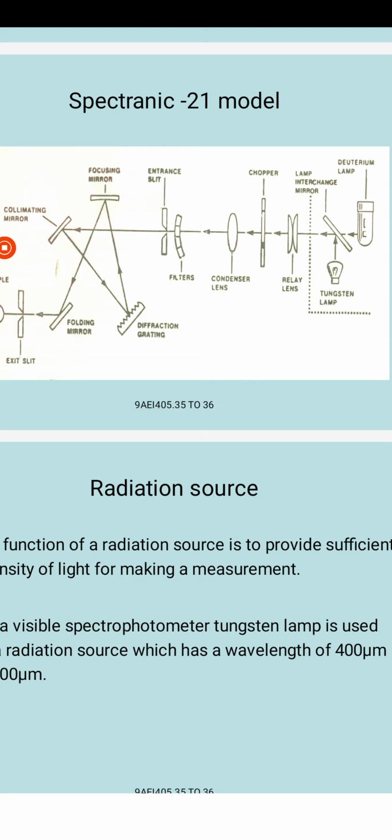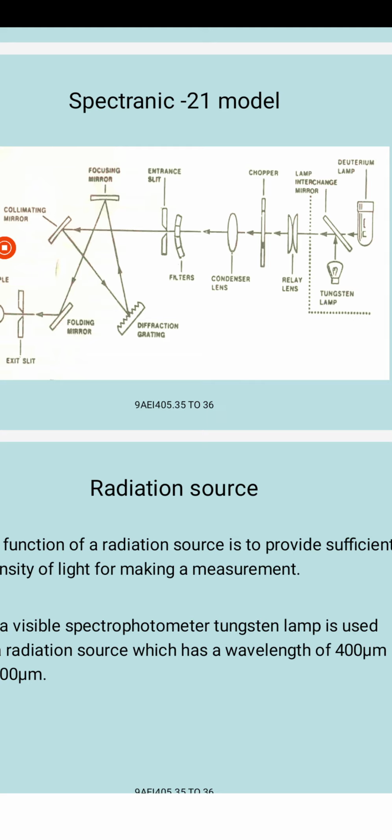Then interference mirror and relay lenses and chopper. So the chopping of this electromagnetic energy and passing on to the condensing lenses.